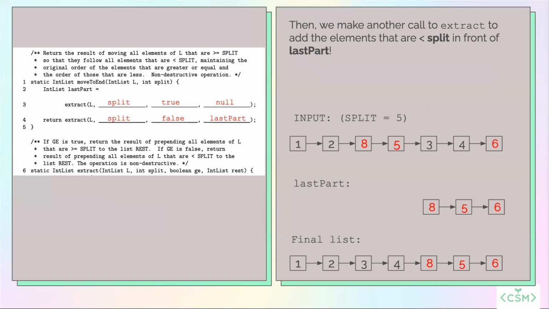And then for our rest list, we just enter null, because we don't want anything behind those elements. And then finally, we call extract on L and split again, but this time our GE is false, because we want to extract the elements that are less than split and put them in front of lastPart, which now is the rest argument.